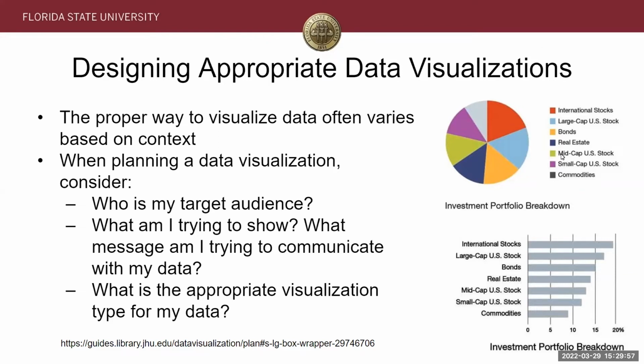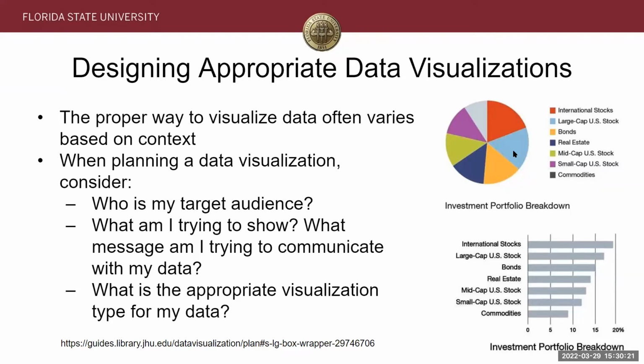So one of these is a pie chart, and one of these is a bar chart. This is showing the same data set. It's a breakdown of an investment portfolio with a few different categories. If we're looking at the pie chart at the top right, we can really only discern those general proportions, right?